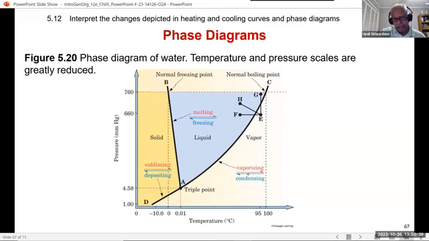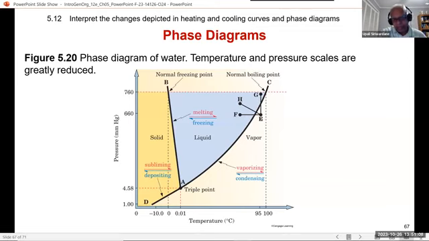A point on AC is melting, vaporization or condensation. If you draw lines at the top right corner of the graph, there's E to F, E to H, E to G. If you change the temperature from E to F, only the temperature is changing.